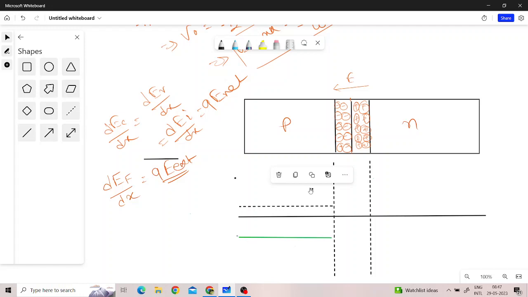Now above this there will be a conduction band somewhere around here.